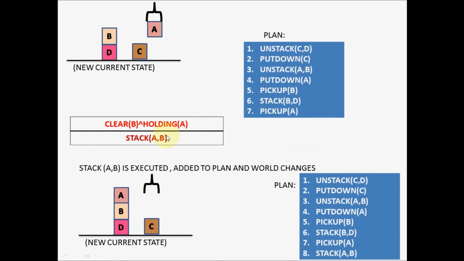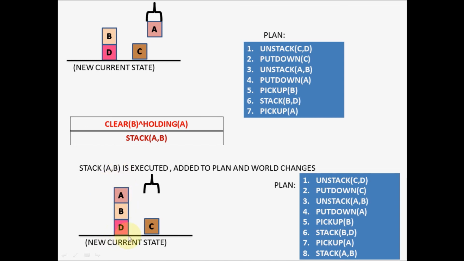The goal stack turns empty, and at that time we check the new current state. Is it not the same as the goal state now? Yes, it is. Because in the goal state, it was desired that A should reside on B and then B also should reside on D. And exactly the same thing we have got.